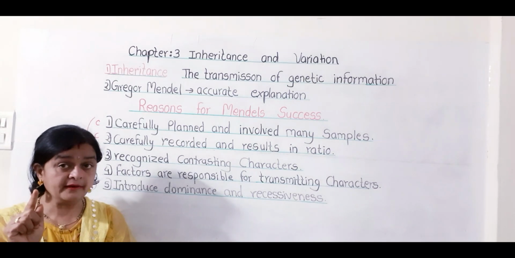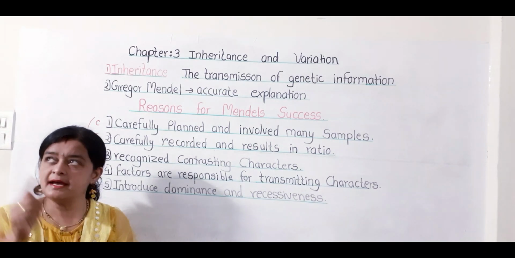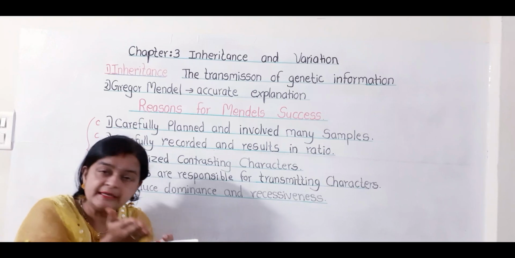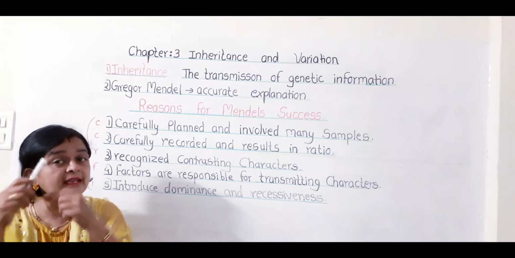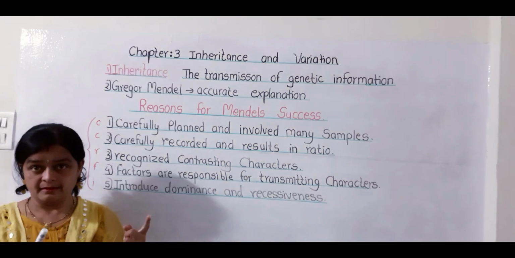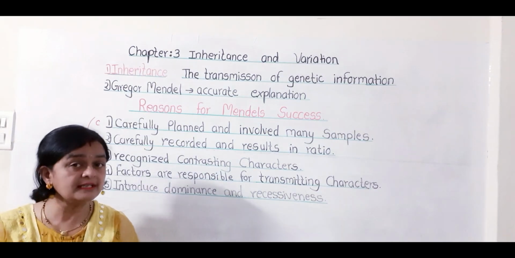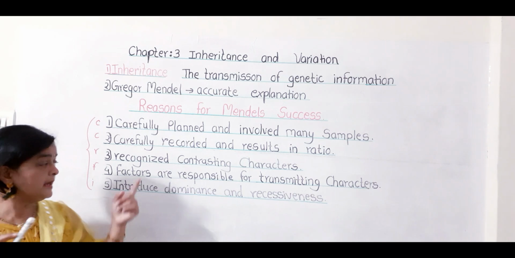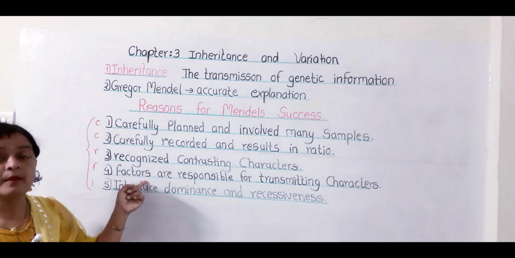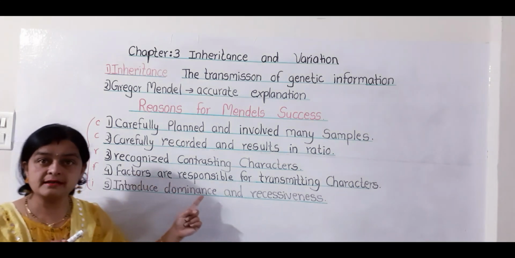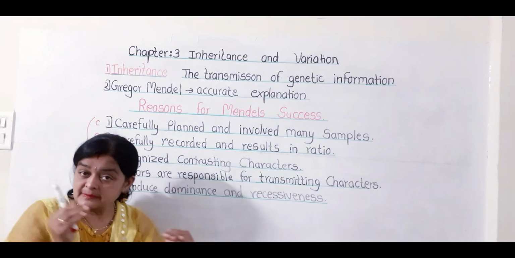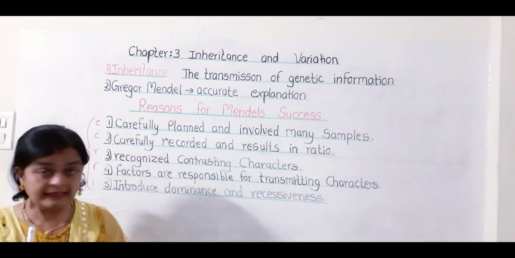He was clear that something is responsible for transmitting the character, so he gave it the name factor. Nowadays we use the word gene for that, but at that time Mendel used the word factor.